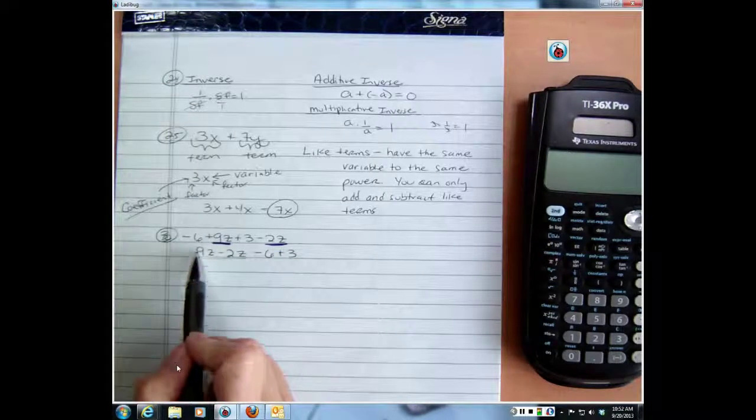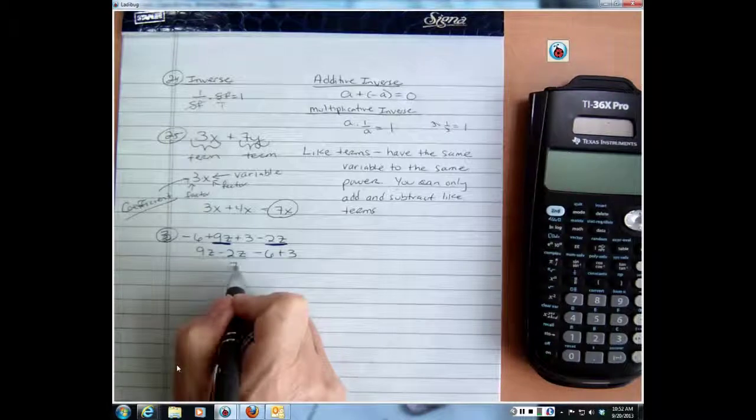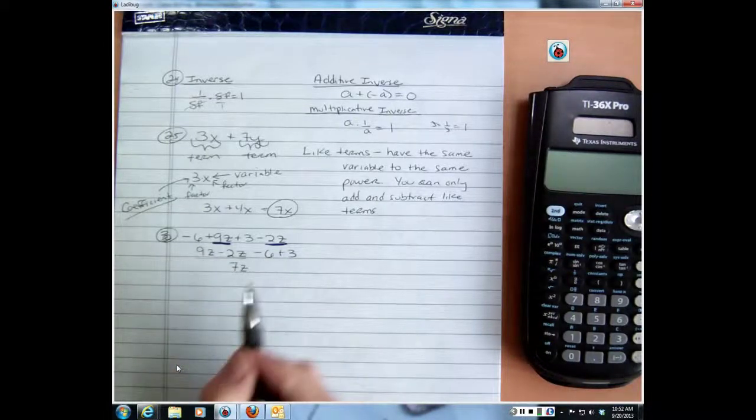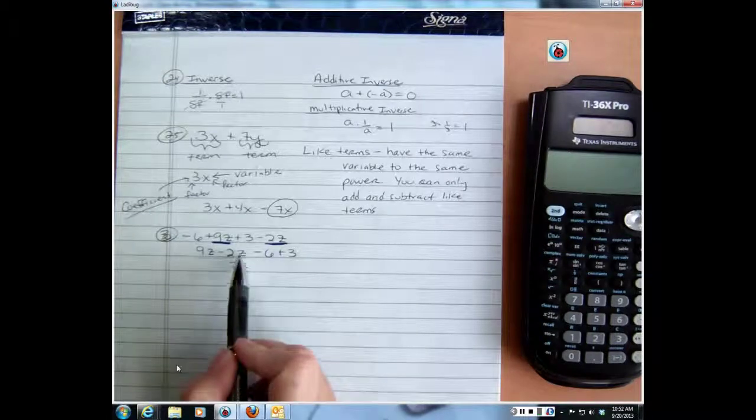If I have 9 z's and I take 2 z's away, how many z's do I have left? You have 7z. Think about if I have 7 pencils and I add 3 pencils, I have 10 pencils. That unit at the end doesn't change. I don't have 10 whiteboard markers all of a sudden. I've got the same thing that I started off with, just more of them or less of them. So that's why the z is still just z.